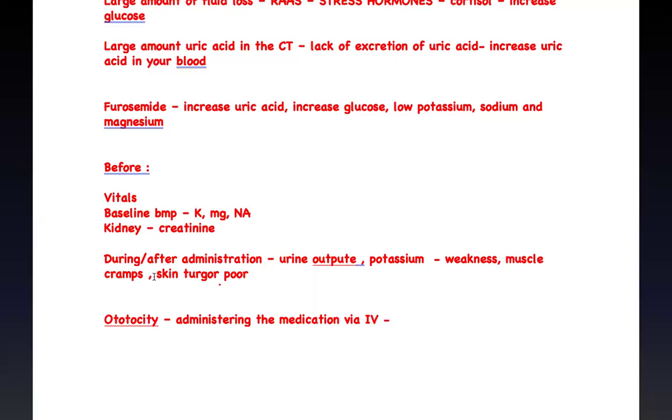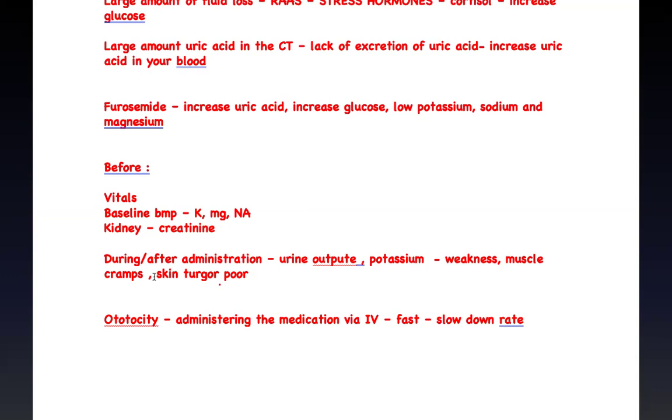If you give it too fast, the patient will have hearing problems. The best thing to do is to slow down the rate. When you see a question like that, slow down the rate as much as possible, and that may help. You don't have to stop the medication. Administer it slowly, ideally over 1 to 2 minutes. It's better to push slowly instead of too fast.